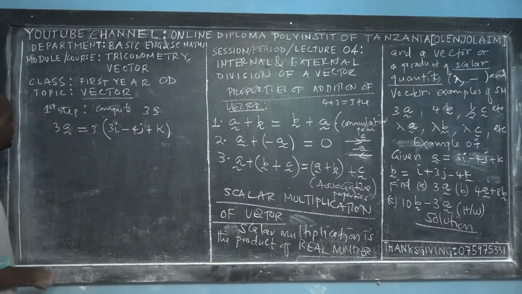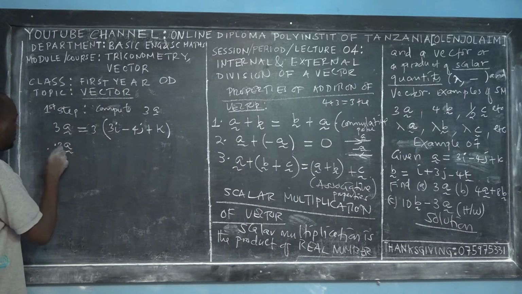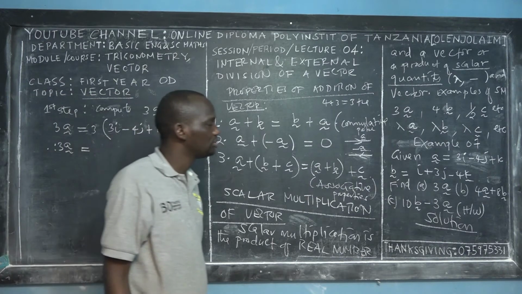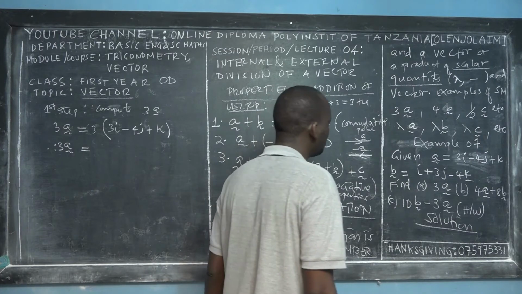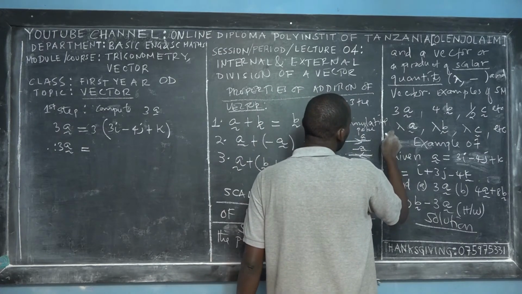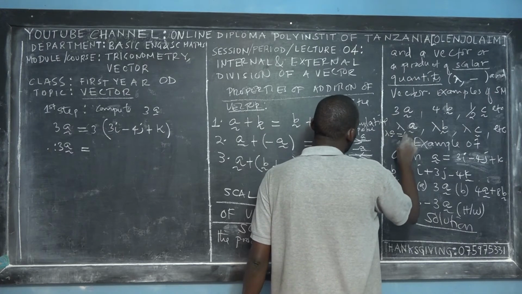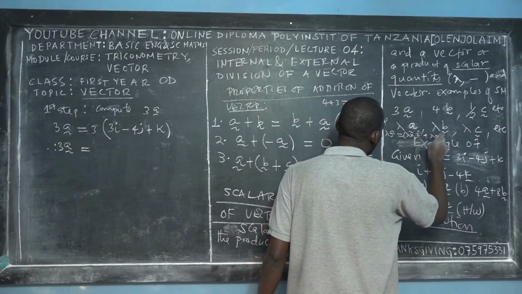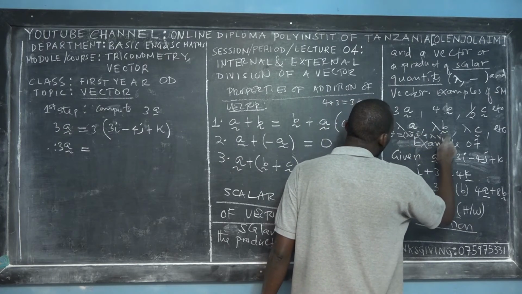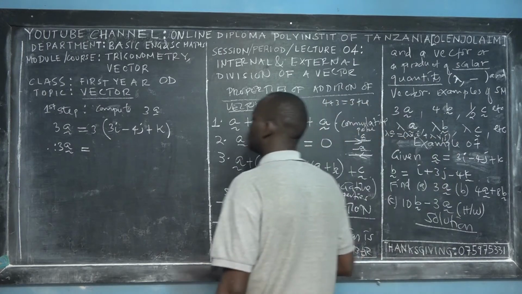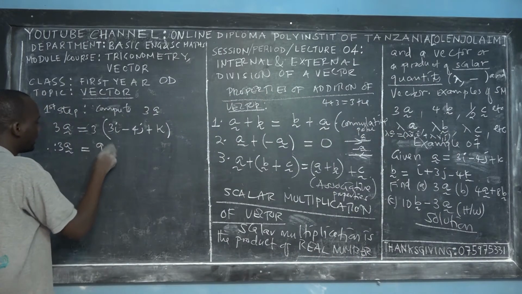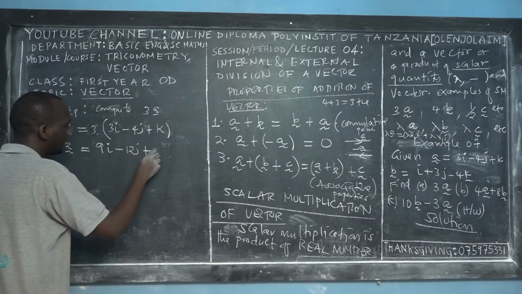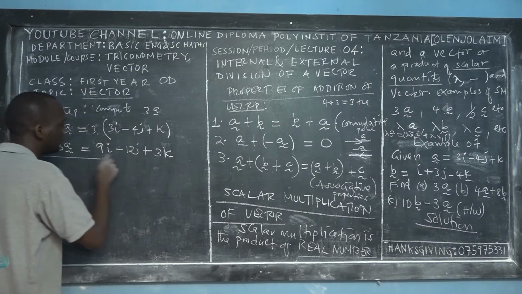So 3a is equal to 3 times 3i, so the scalar quantity is multiplied to each vector component. Then 3 times 3i is 9i, minus 3 times 4 is 12j, then 3 times k is 3k. So this is the final response.